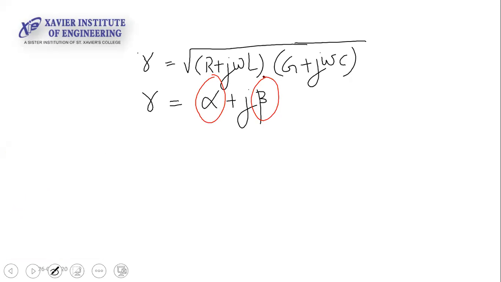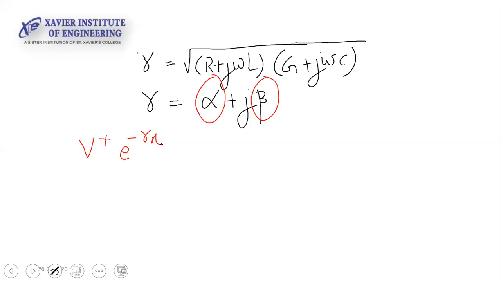Let us concentrate on the traveling wave. I've already told you the concept of a traveling wave in the forward direction. So when I say forward direction, essentially you are aware that this would be the equation that we are going to consider.